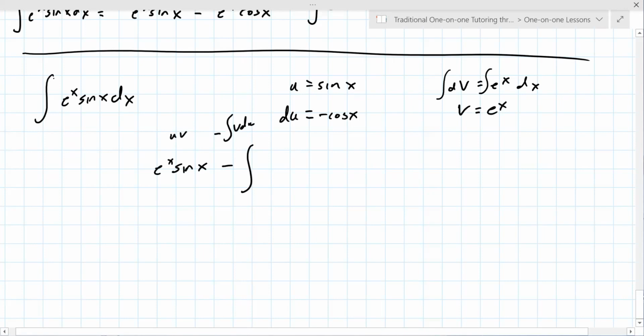It's e to the x sine x, that's uv. Or sine x e to the x? The order doesn't matter, but it's better to put e in front of sine. Okay. Minus integral v du. So v is e to the x, du is cosine x, so you get e to the x cosine x dx.